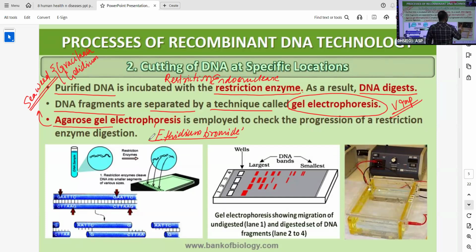It houses the tray. These are known as wells, so we add the mixture into these wells. Once they are filled, we close the circuit.